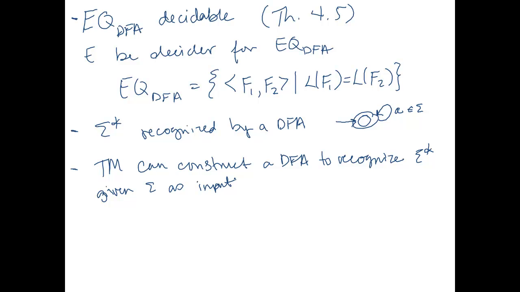And just to convince ourselves that this is true, we can write the description of this DFA, and it's simple. We could set up a Turing machine that would write this description.